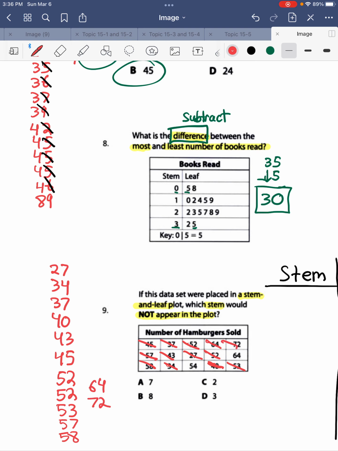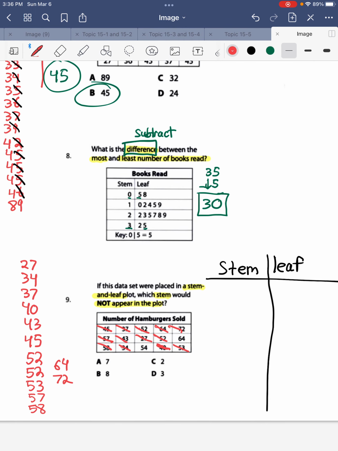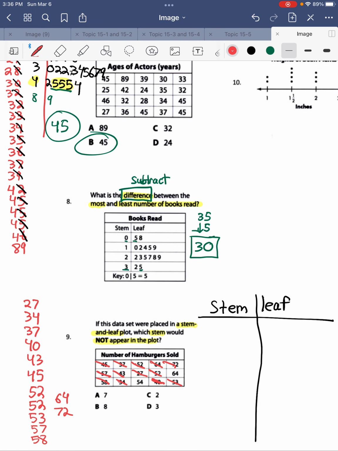Now, since I have them in order from least to greatest, it's easier for me to do it this way. So for my 2s, I have 27. Now I go to my 3s, I have 34, 37. Now I go to my 4s, I have 40, 43, 45.